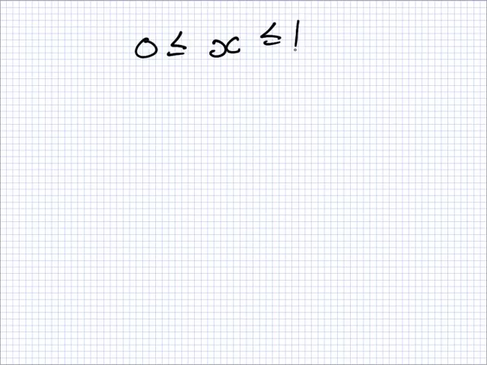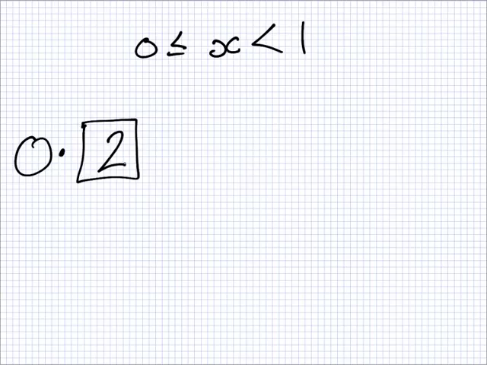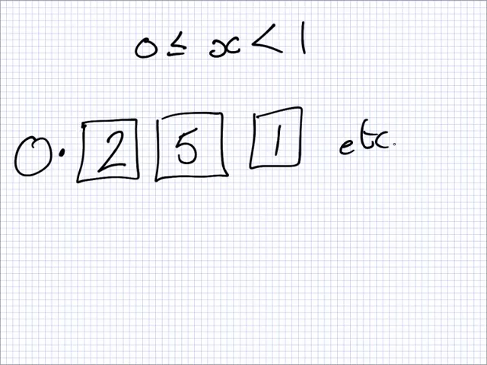The way the machine does this is, first it prints out a random digit, so it'll be 0 point, and then it'll print a digit like 2, and then it'll pick another number like maybe 5, 1, etc. all the way off to infinity.